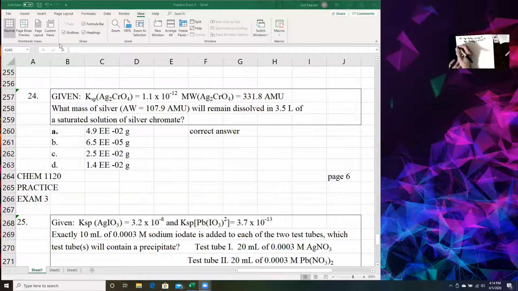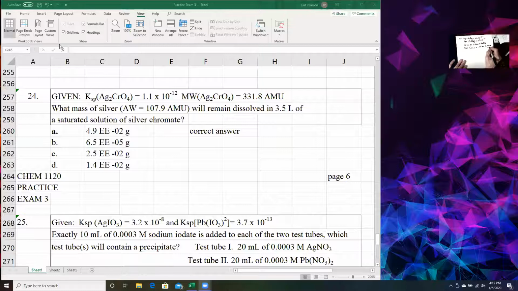So what I'm going to do is add 10 milliliters of 0.0003 sodium iodate, NaIO3, that's completely soluble, is added to 2 test tubes. Test tube number 1 is 20 milliliters of 0.003 molar silver nitrate.